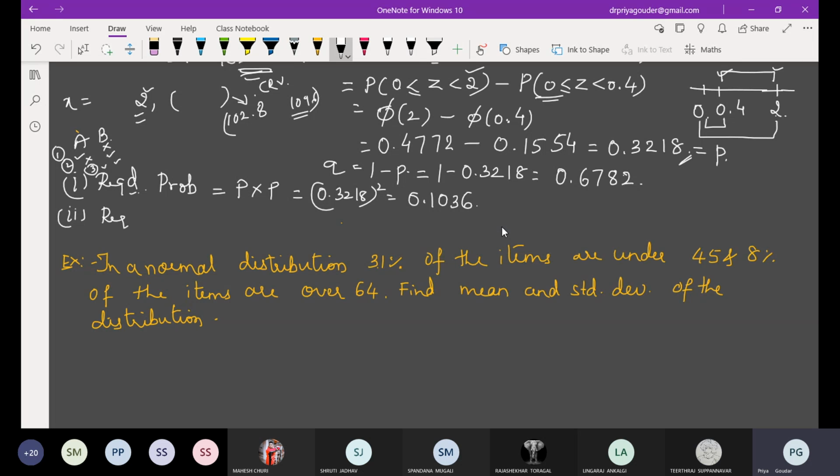The second required probability, which is used as at least: A is having and B is not having. This possibility may happen, or the second possibility may happen, or the third possibility may happen, and our condition of at least one of them is fulfilled. In between these possibilities there is an or, so I'll take it as plus.